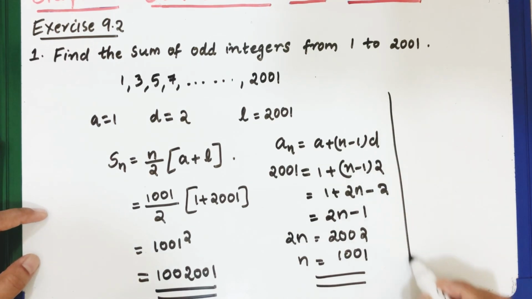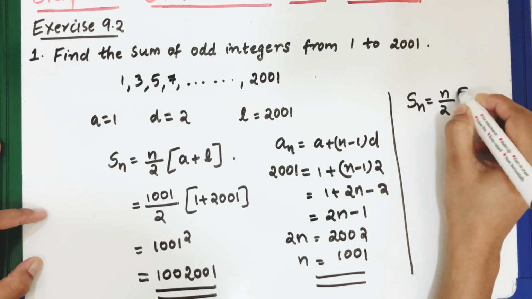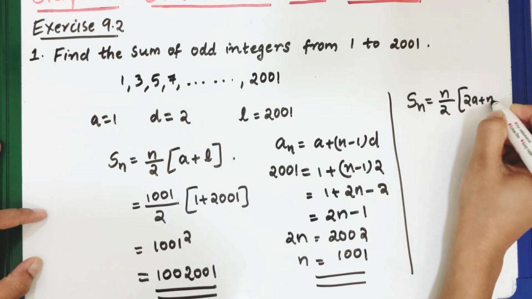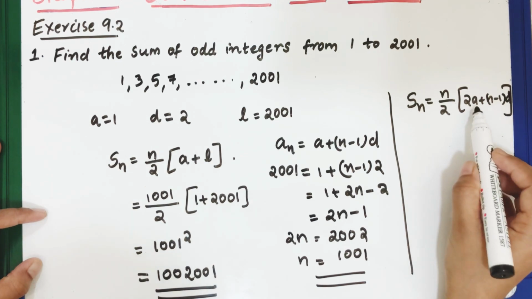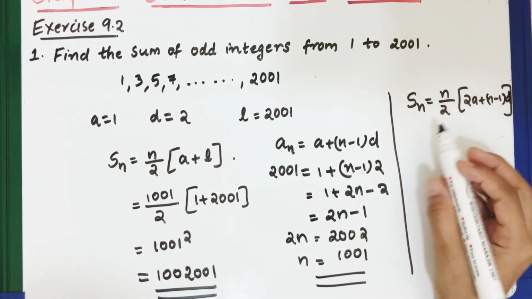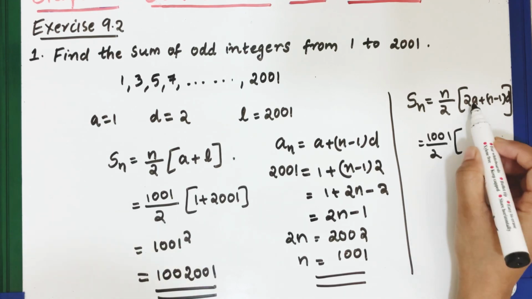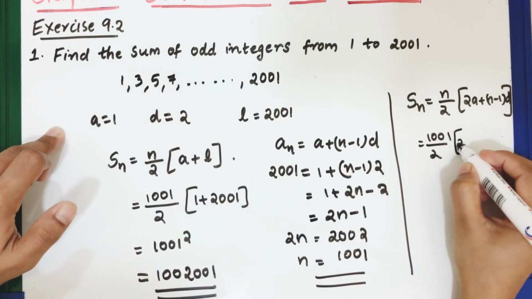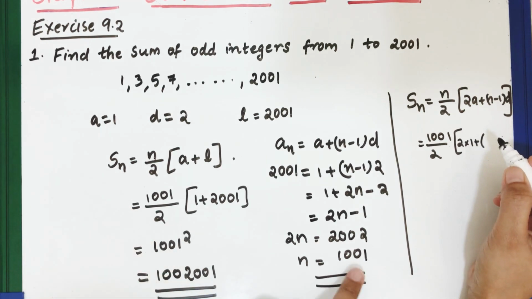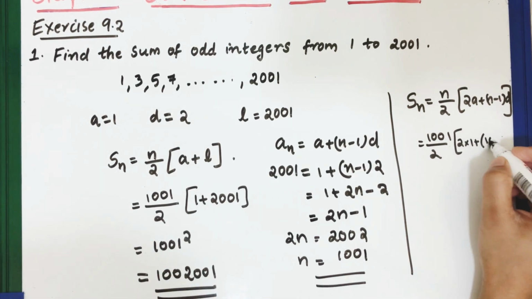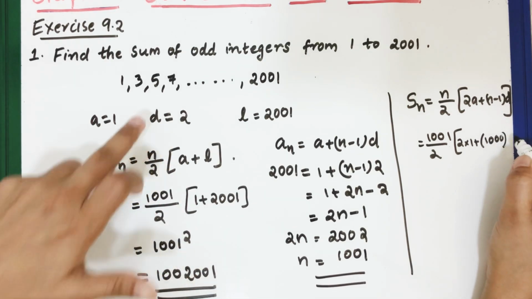Or if you are taking the equation Sn is equal to n by 2 into (2a plus (n minus 1) into d). Here you have a, you got n, which is equal to 1001 by 2 into (2 into 1 plus (1001 minus 1), that is 1000, into d). d is 2.